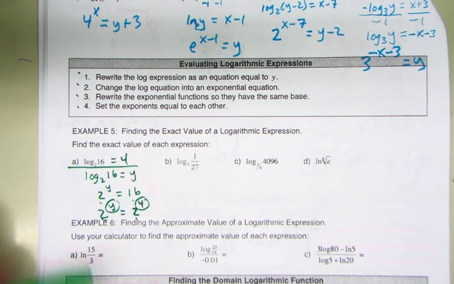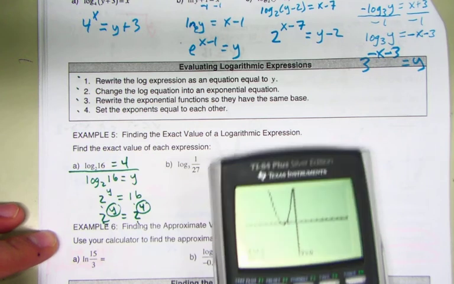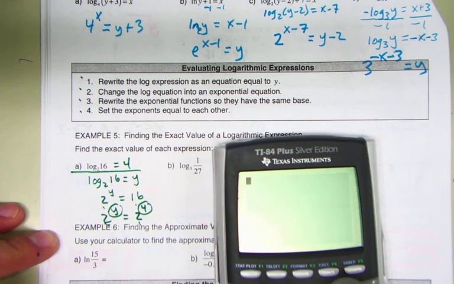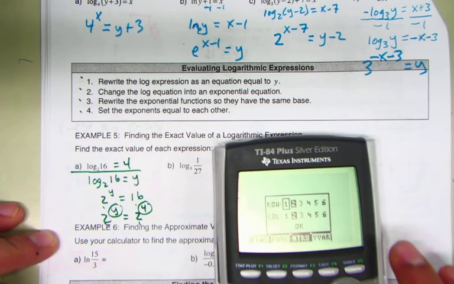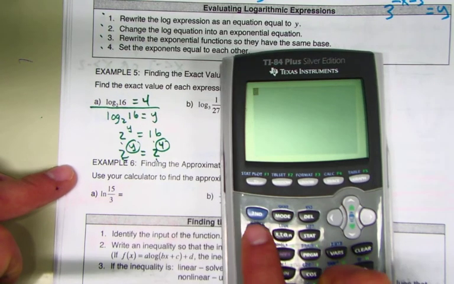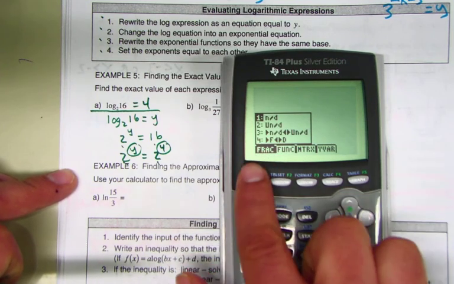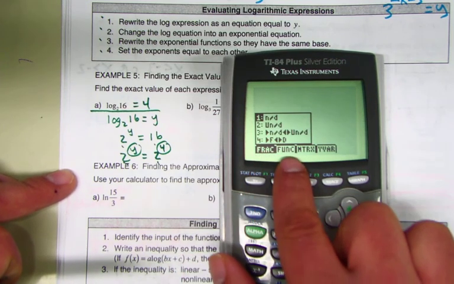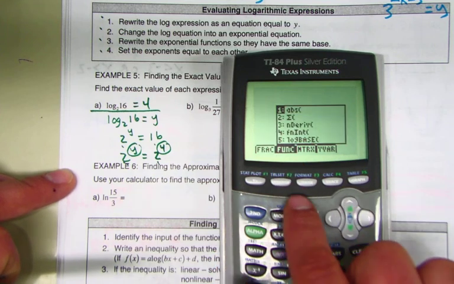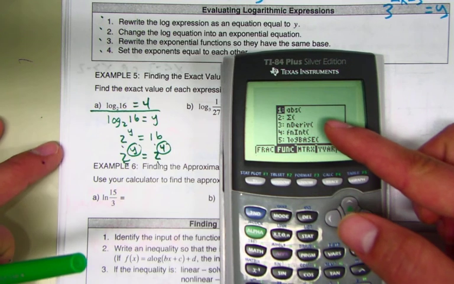Now, on a calculator, let's see. Okay. So on the calculator, if you go to alpha and then the y equals menu, remember how we can do some pretty nifty things there? If you go over to where it says func, which is function, it has several different things that are very frequently used in the calculator.